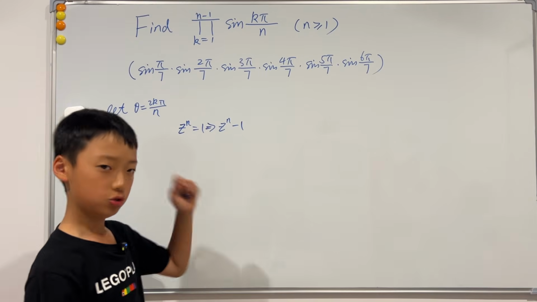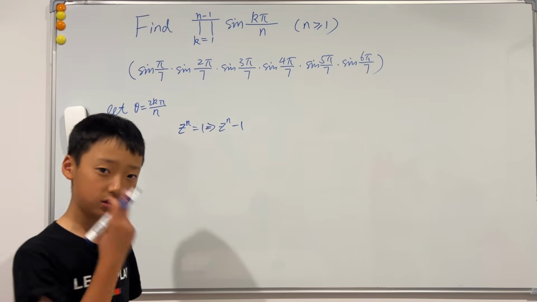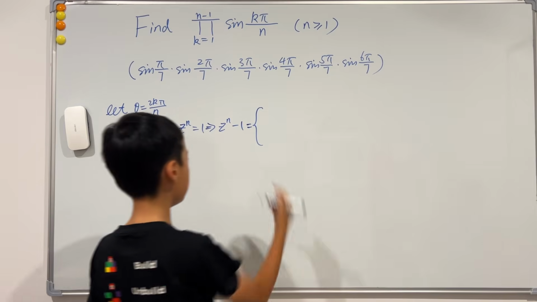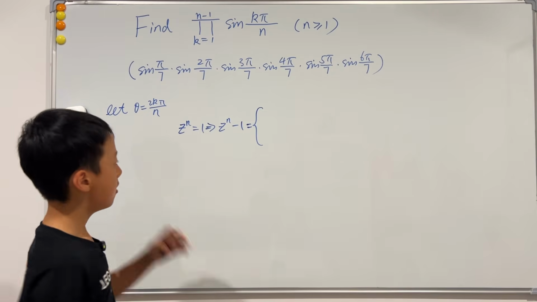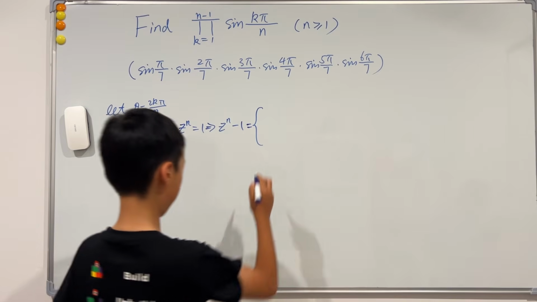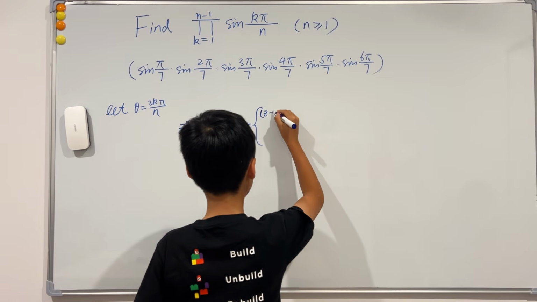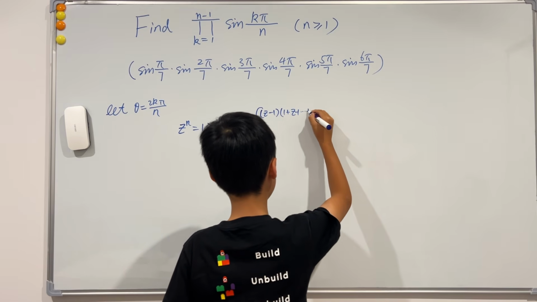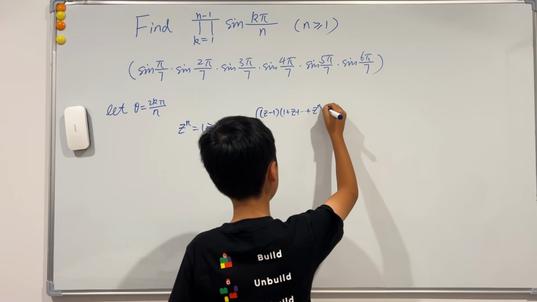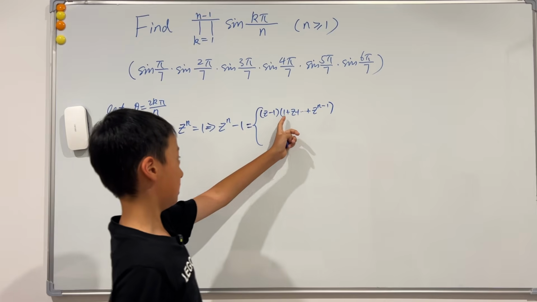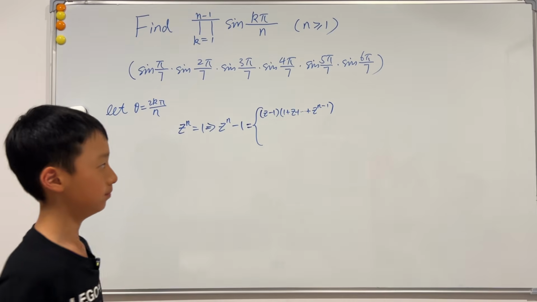I'm actually just going to straight away factorize this using its two most popular ways. The first way is, of course, the typical one, where we use the formula for z to the n minus 1: z minus 1, times 1 plus z, plus all the way to z to the n minus 1. And this is n minus 1 because this is actually z to the power of 0.